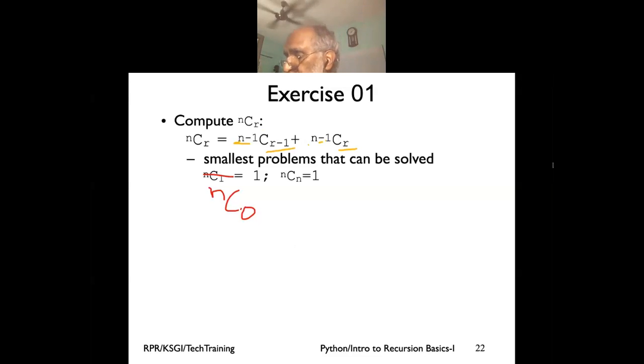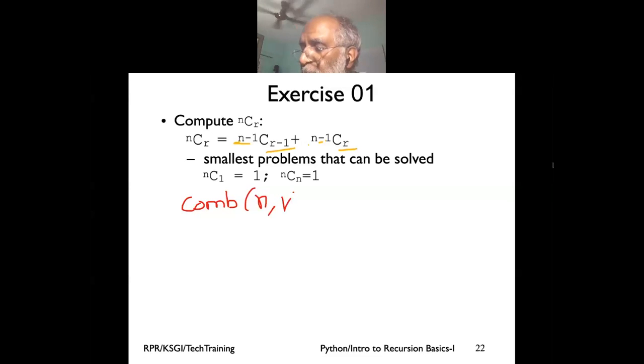If we look at how the answer will look, you try it yourself. A beautiful way of doing that. Let's say my function is combination n comma r.